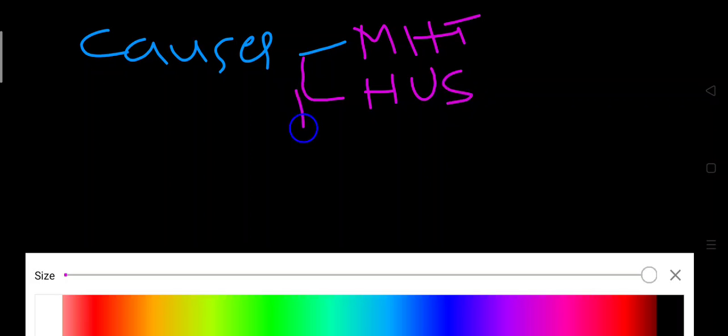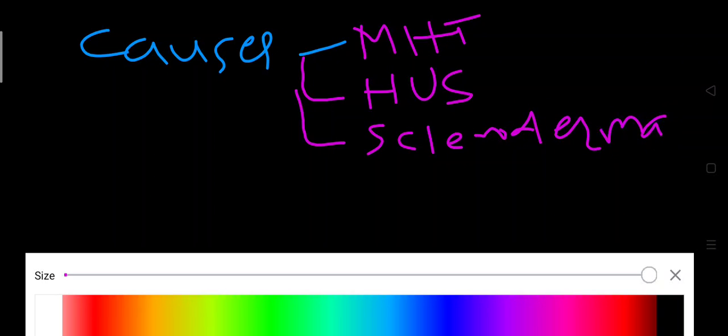The third one is scleroderma. From the term you can see that it is a combination of two words, sclero and derma. Derma means skin, sclero means hardening. So it is a general hardening of the skin of the body.